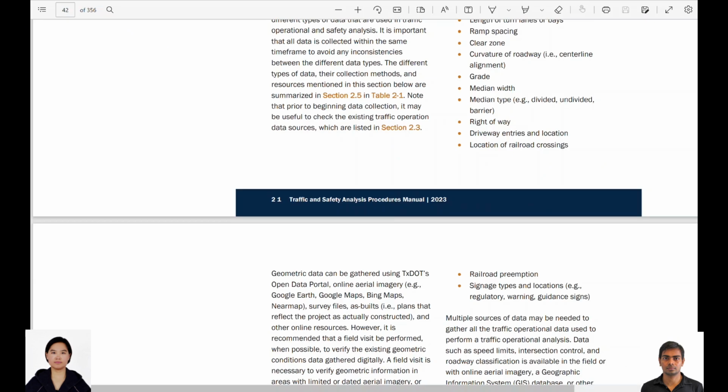As I scroll down, I noticed there is railroad preemption on the next page. If we are wondering which page number we are on in the text, we are at chapter 2, page 1, and we can also see the PDF page number on the top left part of the screen here.